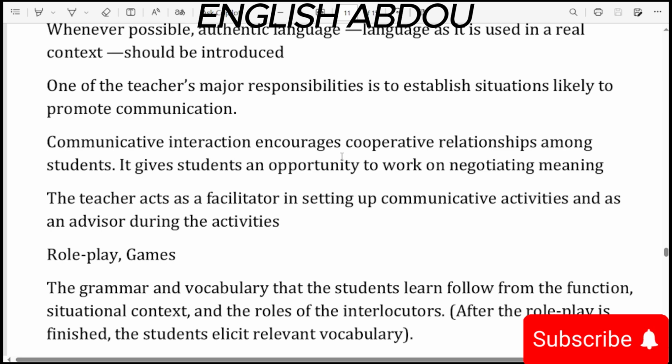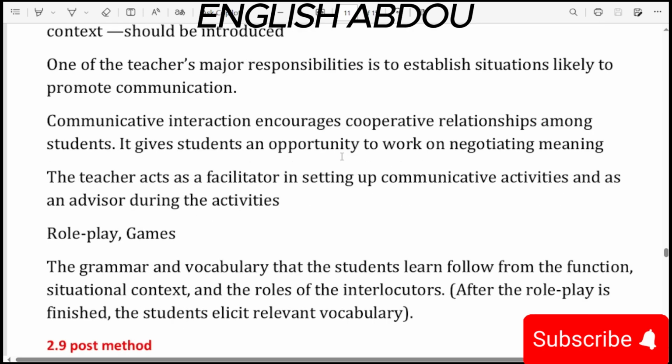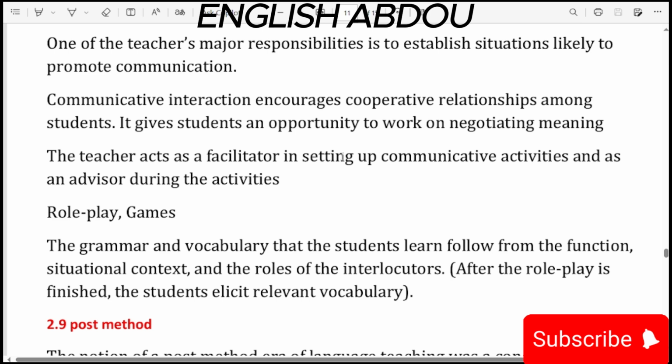It gives students an opportunity to work on negotiating meaning. The teacher acts as a facilitator in setting up communicative activities and as an advisor during the activity. It means the teacher just sets the scene where students can act, like role play, games, dialogues, okay?